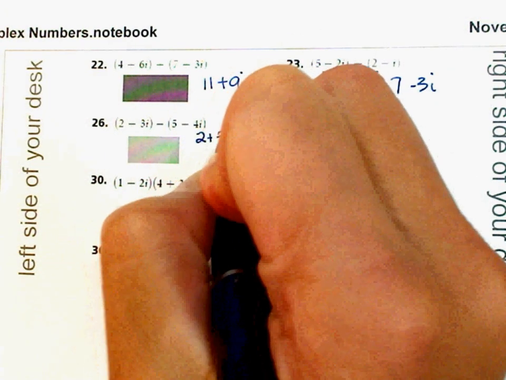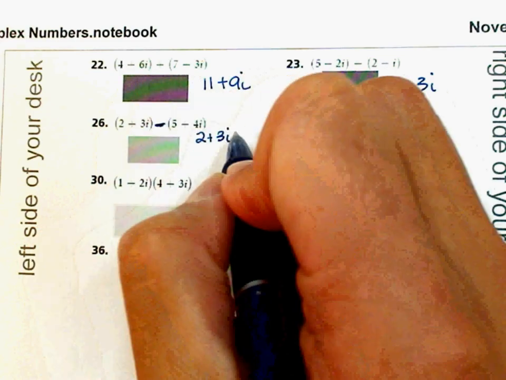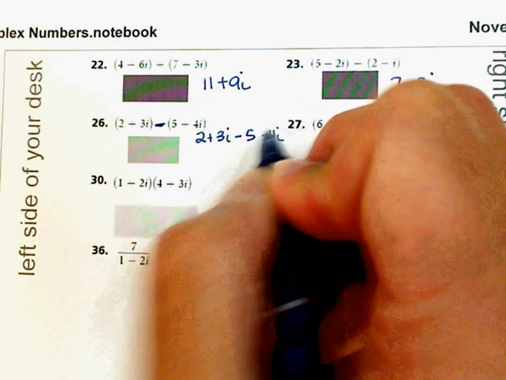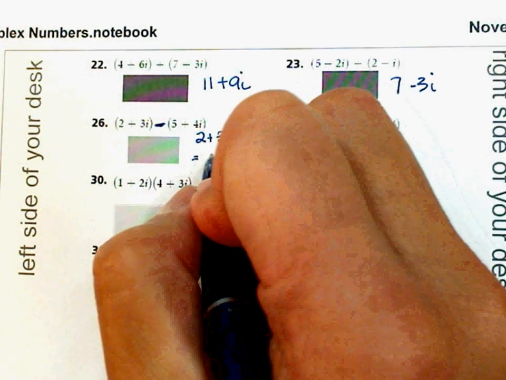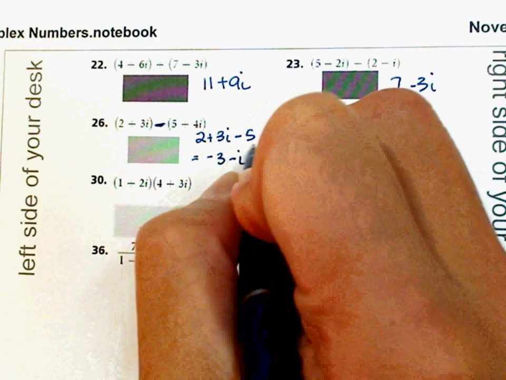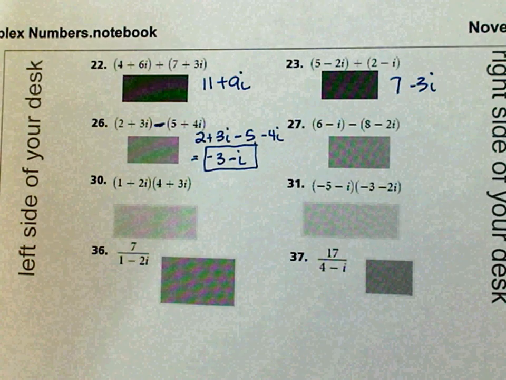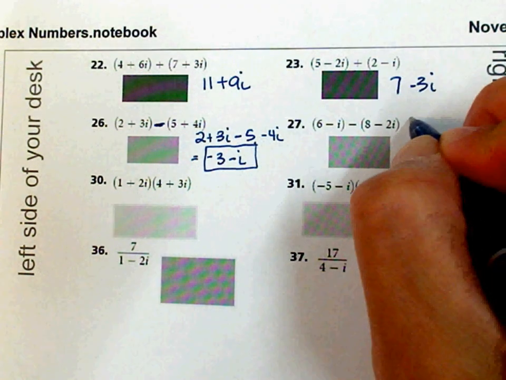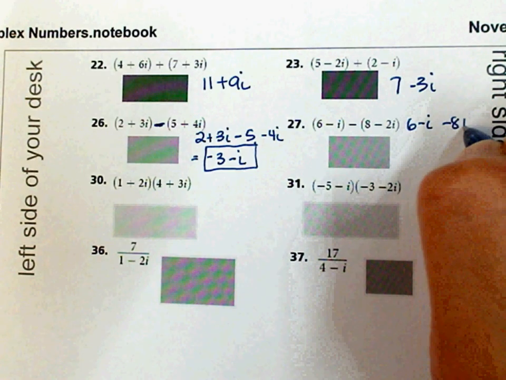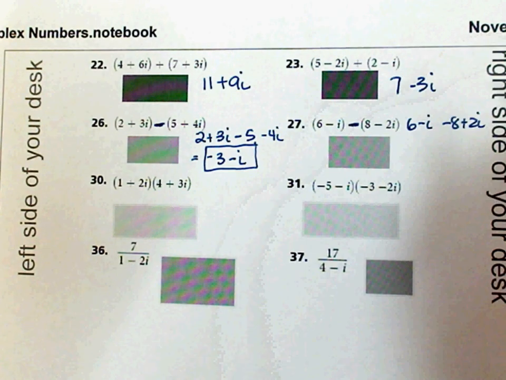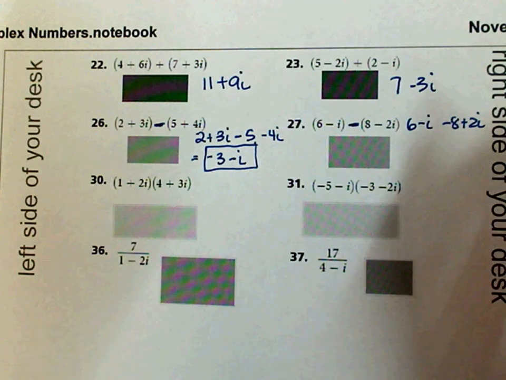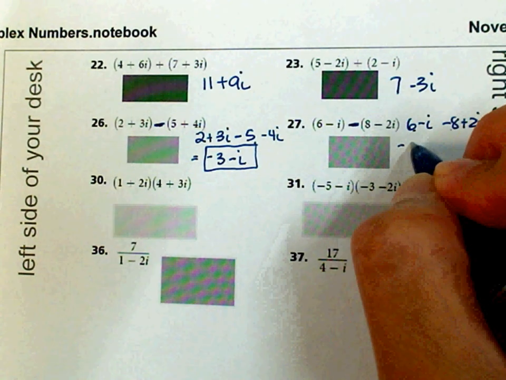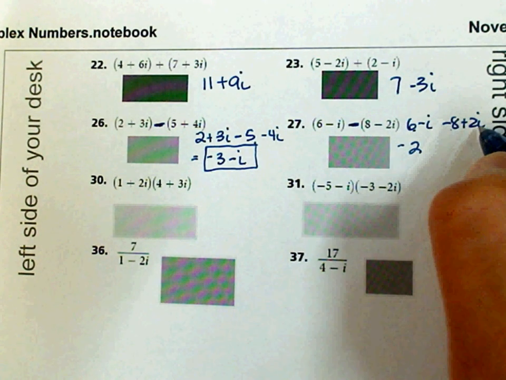There's that minus. Minus 5 minus 4i. So that comes out to be negative 3 minus i. Okay? So this one is 6 minus i minus 8 plus 2i. See that minus? So you got to distribute that. 6 minus 8 is negative 2. Negative i plus 2i is positive i.